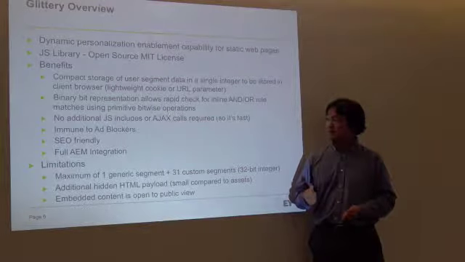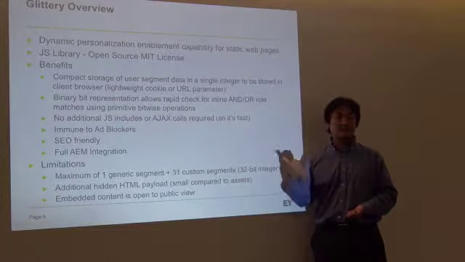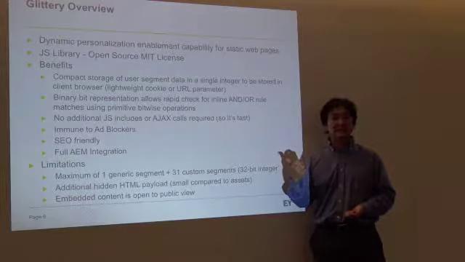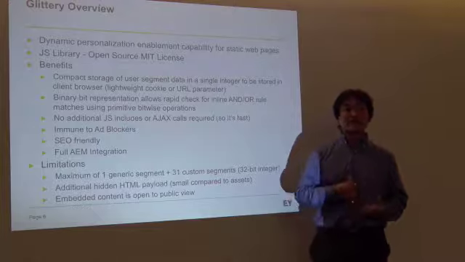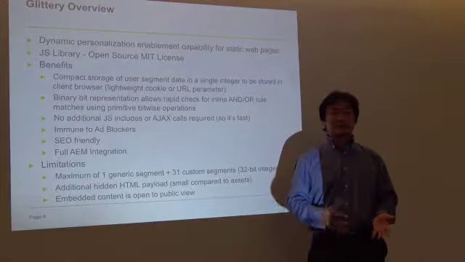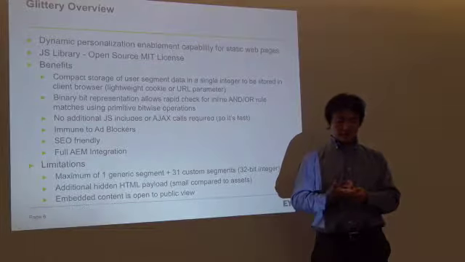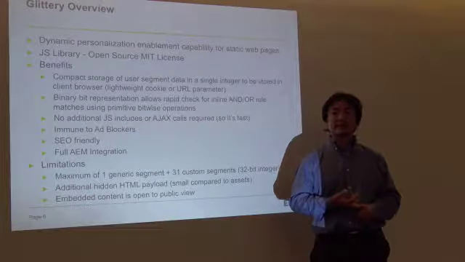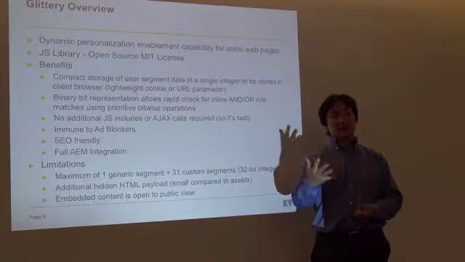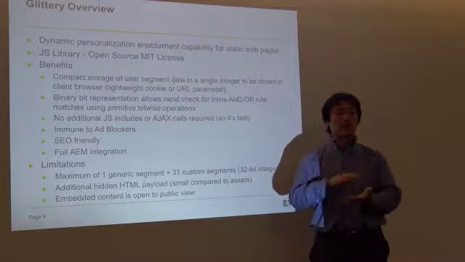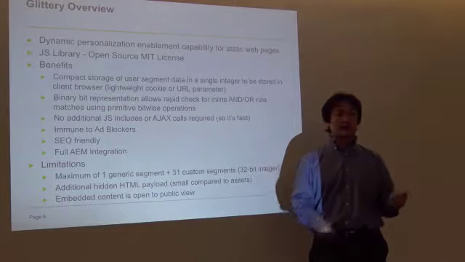And it's immune to ad blockers. I think that is probably the biggest sell. Right now, personalization with something like Target is a big problem. It's going to be a continuing problem. Other companies use products like Monetate to, after loading the page, run a promotion and change the hero banner or change the video or anything like that.